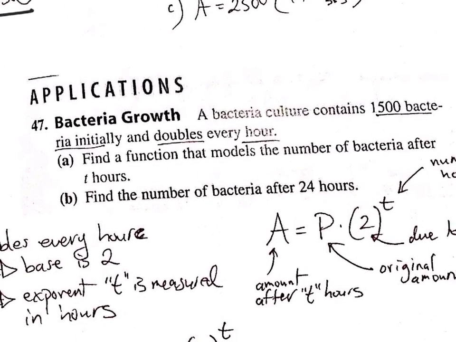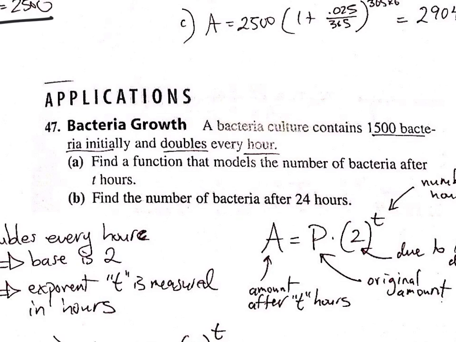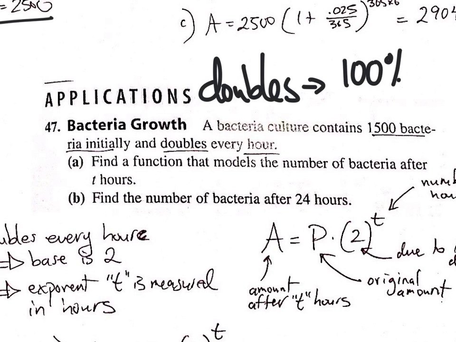Okay, a bacteria culture contains 1,500 bacteria initially and doubles every hour. So when something doubles at the end of some time period, do you see how it's increased by 100%?